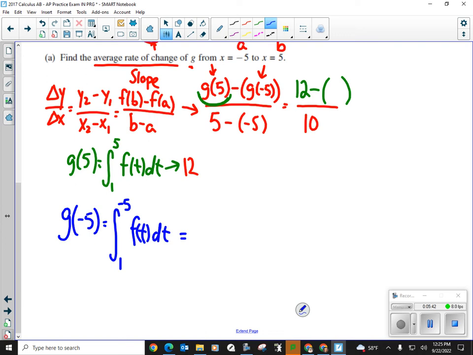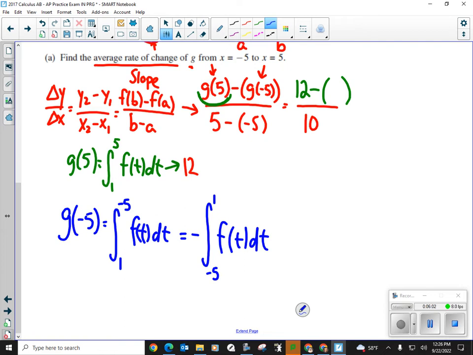But here's the thing. My rules of integration tell me if the upper bound, which is negative 5, is a smaller value, I can flip them and everything will be okay with one exception. All I got to do is negate the value right here. Okay, so that's what I'm going to do.